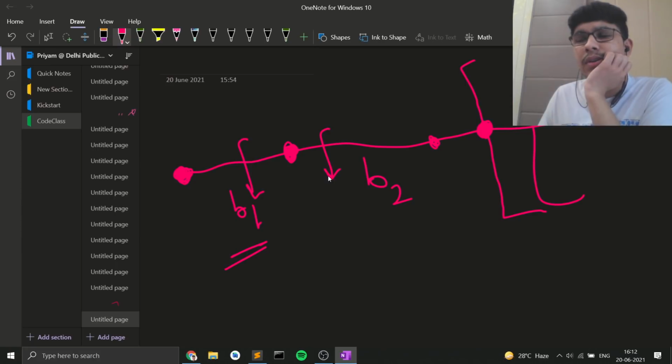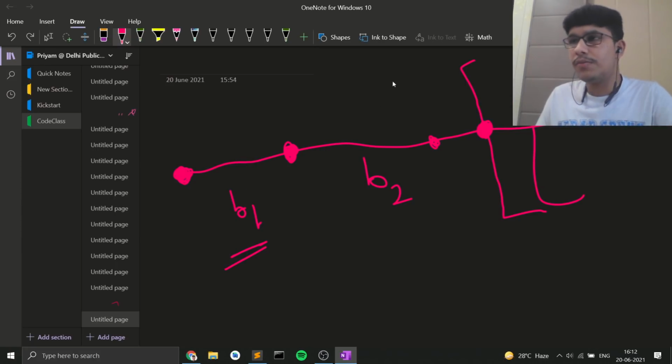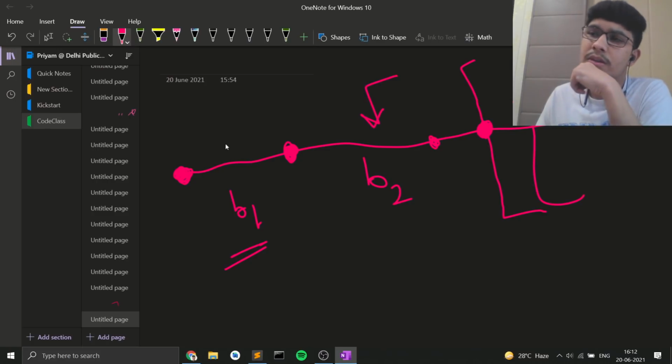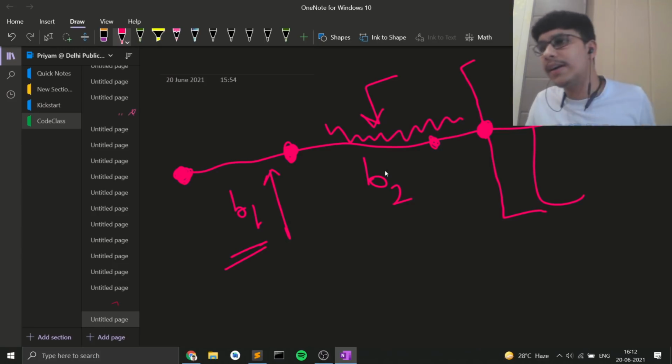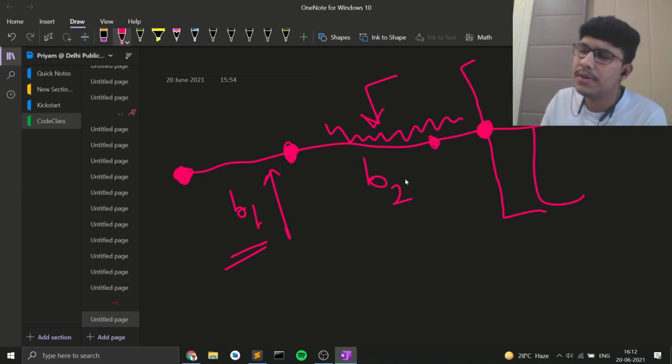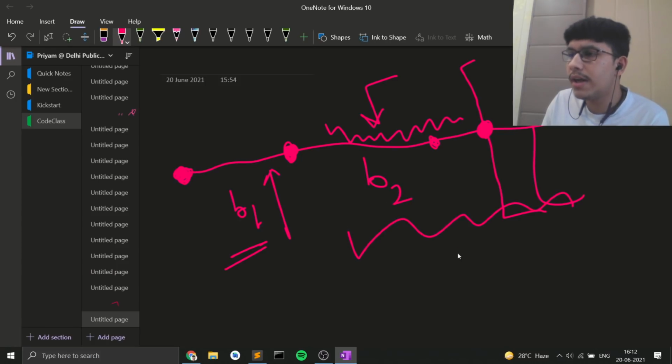Now it would obviously be better to pick up a ball from this side. Why? Because if I pick up a ball from here, then all these balls already have, consider b value as a deadline. Not even a deadline, but all of these balls here already have a bi value higher, right?